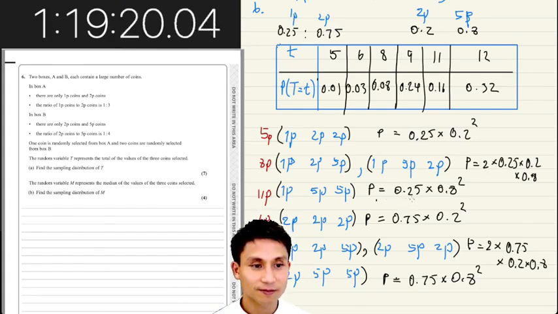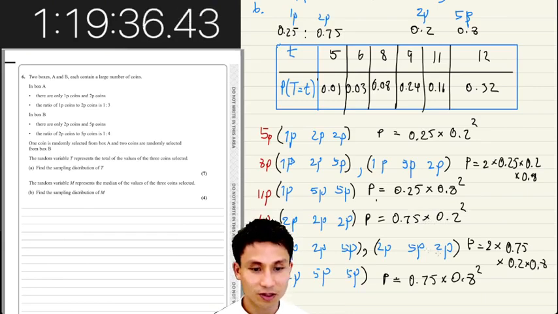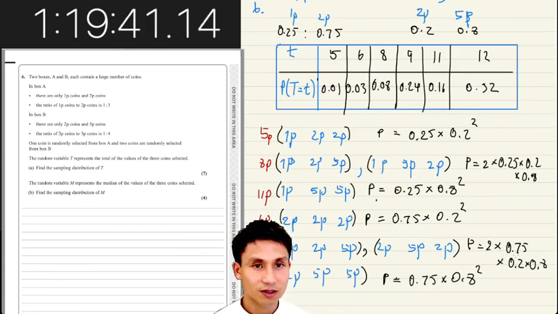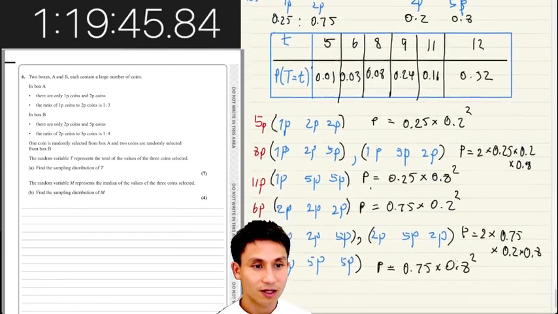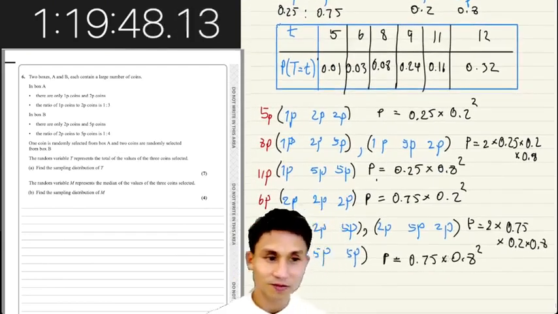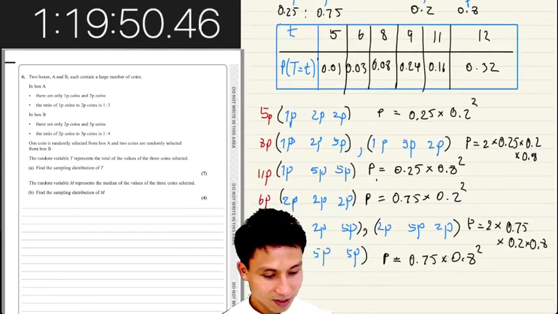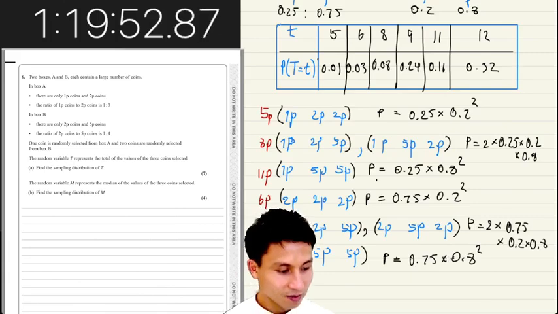For the 11, yeah, 11 is 0.25 times 0.8 squared. Yeah, that's fine. 222, 0.75 times 0.2 squared. 225, 2 times 0.75, both of that. Yeah, there must be something wrong with my calculation here. Let me check that. I must have put something wrong.